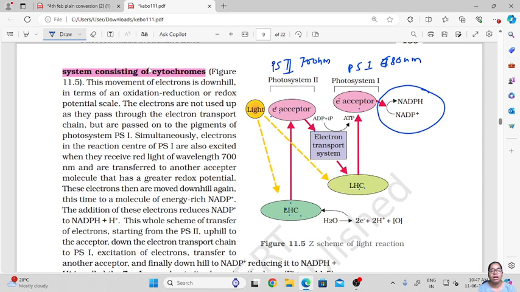So this is how the photosynthesis process takes place, and this is how electron transport happens in the process of photosynthesis. So this is the Z scheme of light reaction.